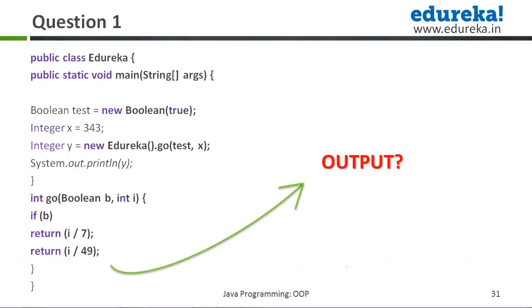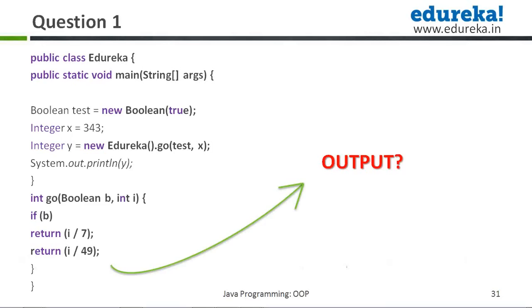Come on guys, be quick. Okay, Nikhil gives me an answer. So Nikhil, did you just write down the code on your Eclipse and run it? No. Okay, that's good then. What about the rest of you?